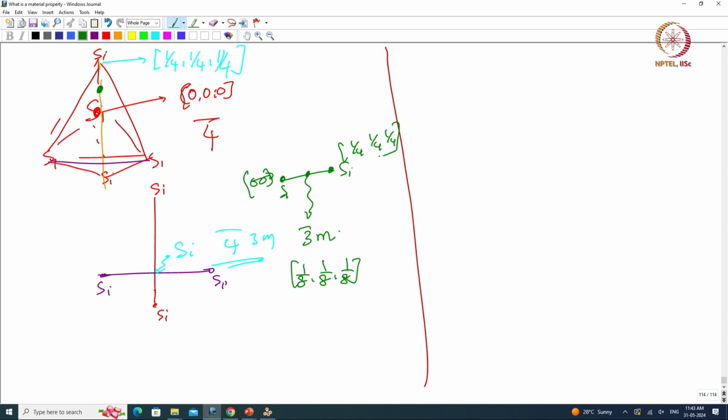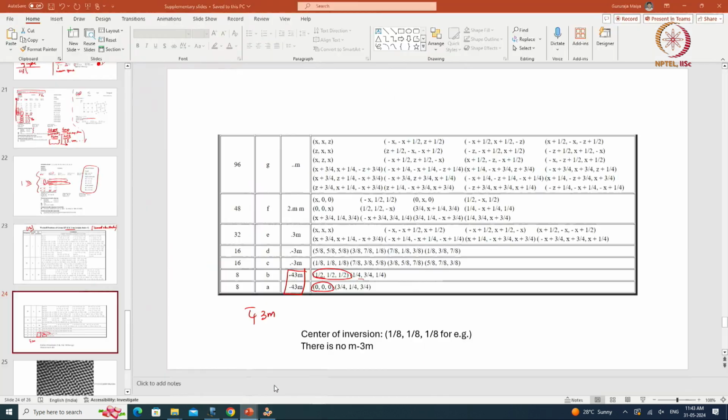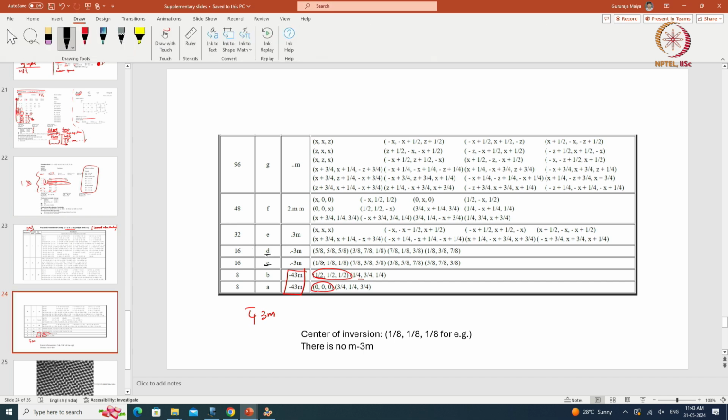From the Wyckoff positions, I know that points C and D, which are like 1/8, 1/8, 1/8, have a minus 3 m, or 3 bar m, symmetry. 3 bar m also has an inversion in it, so it is a centrosymmetric point group.